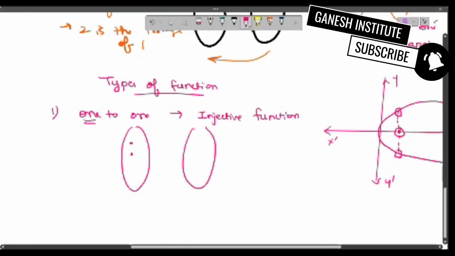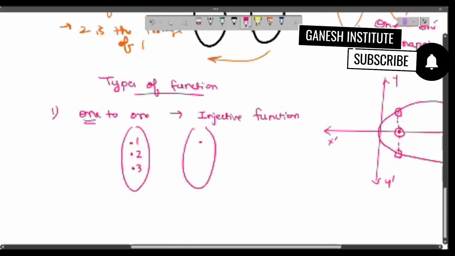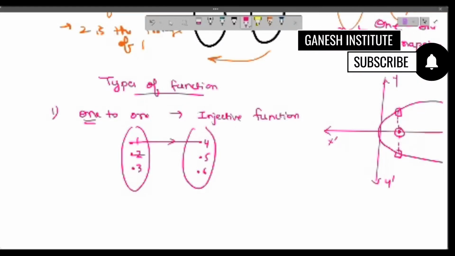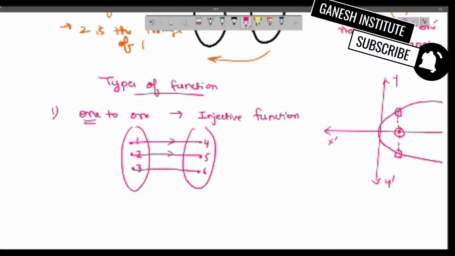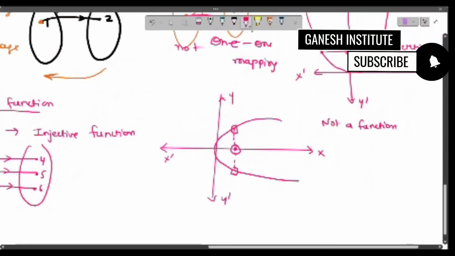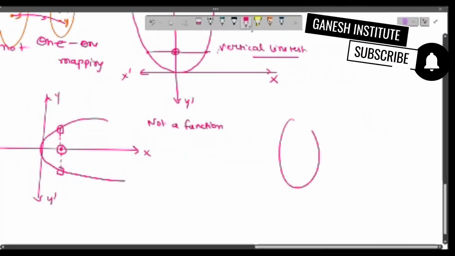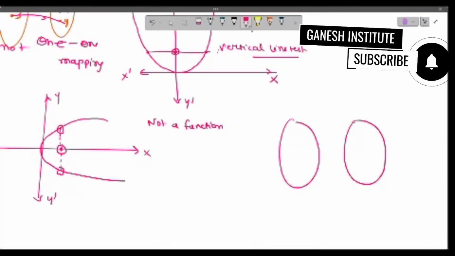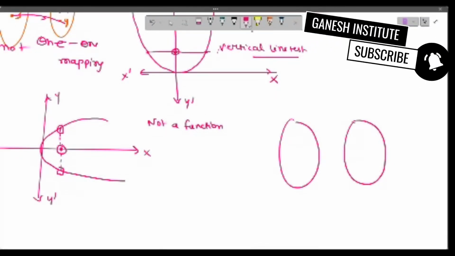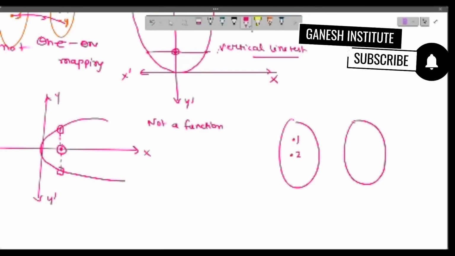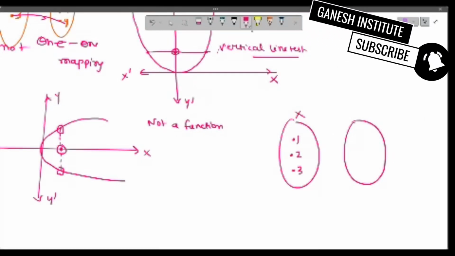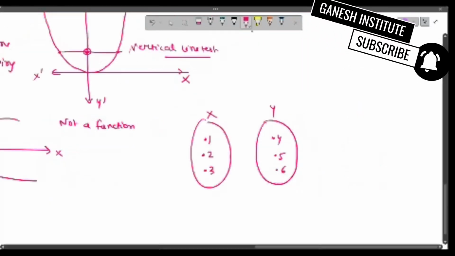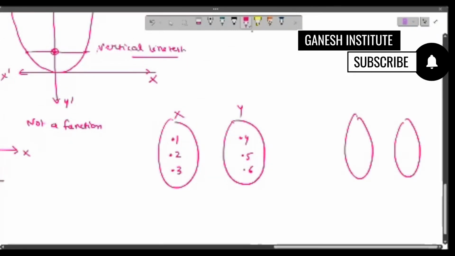Everything is mapped. This one, this one, this one. Also, you will see that for being a function, there should be one more condition to be satisfied. I have two situations.